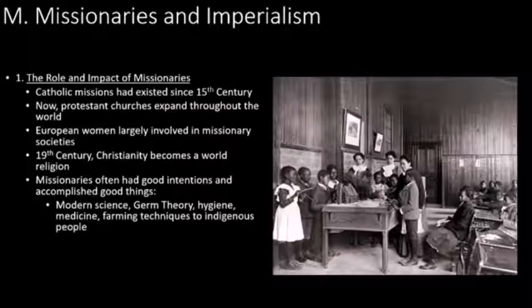So imagine white Europeans teaching them about germ theory, teaching them about basic hygiene, how to keep clean, how to keep yourself from getting infected. Okay, modern medicine: because of missionaries, a lot of native people all around the world are going to get cures for diseases that they didn't quite comprehend or understand.